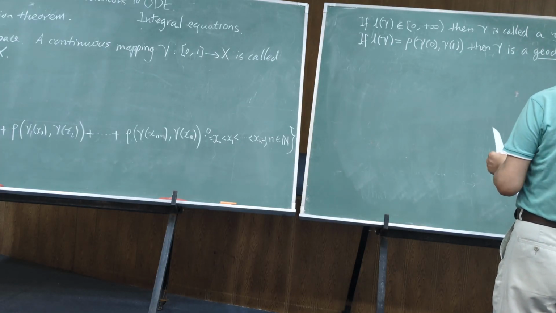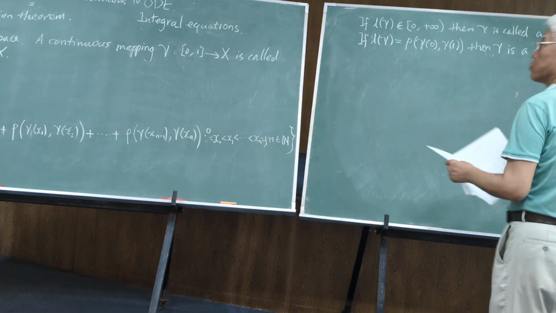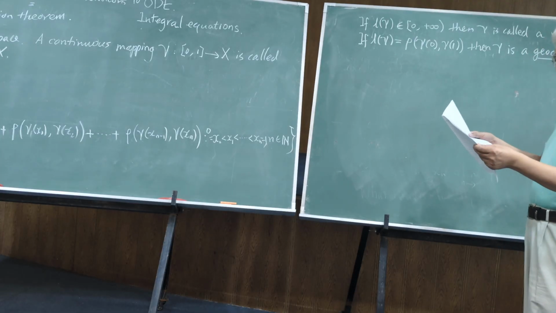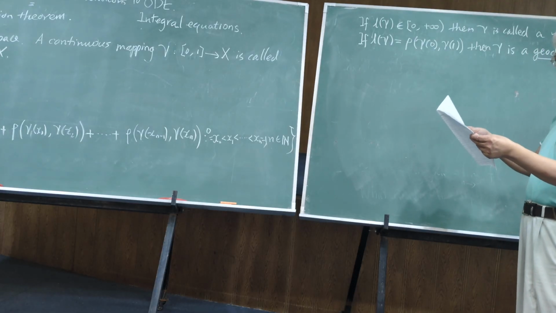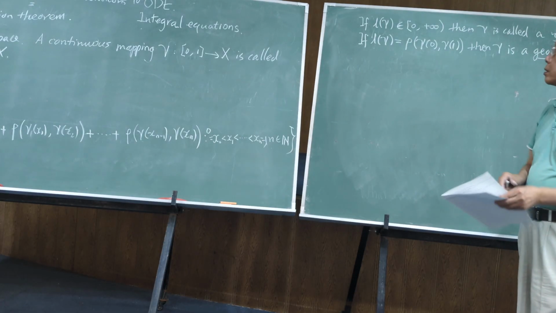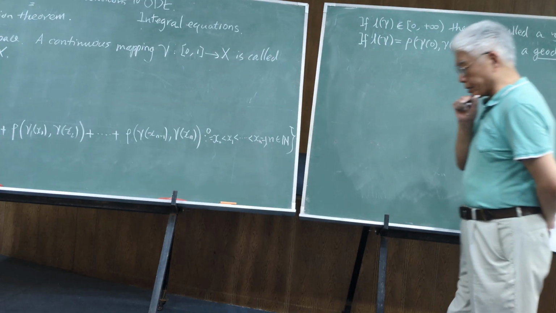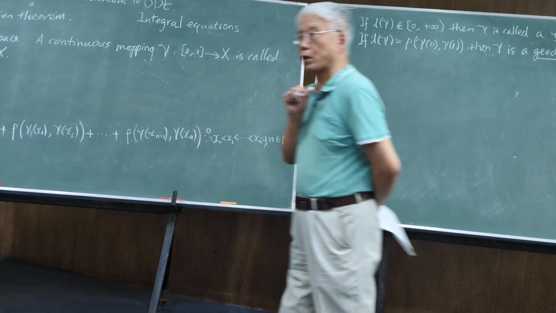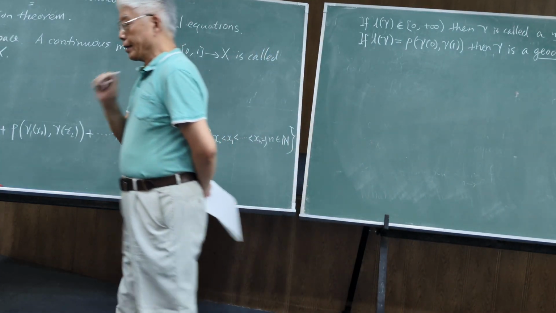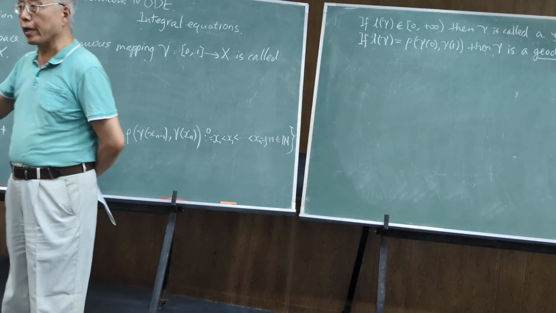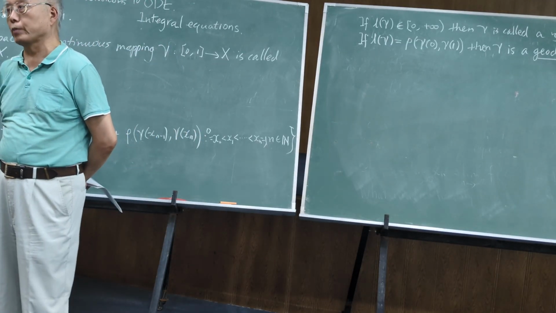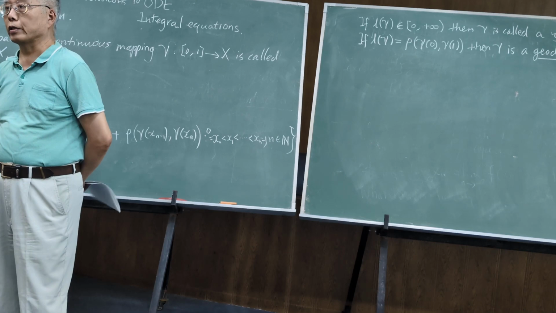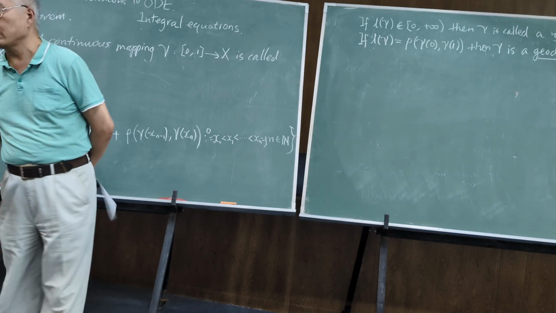So now it comes to the famous things which were stated many times in history. If gamma is a geodesic and you take any two points x, y on it, then the section between x and y is the shortest of the paths connecting x and y. This can be said now.